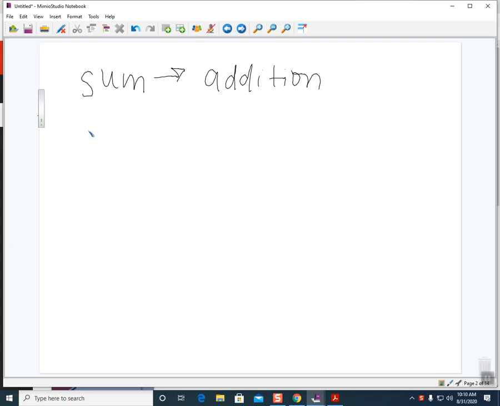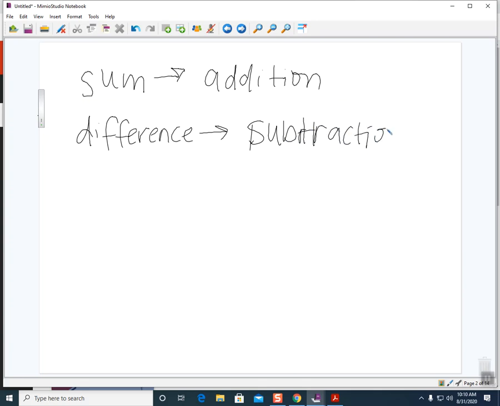Likewise, if I talk about difference, I'm talking about subtraction. If I'm talking about product, then I'm talking about what?